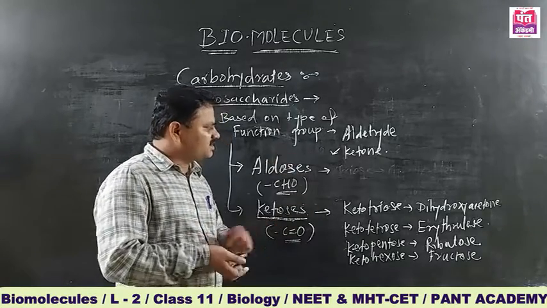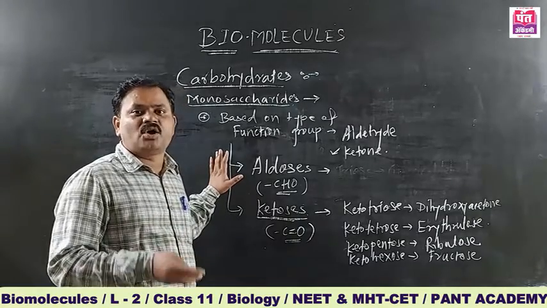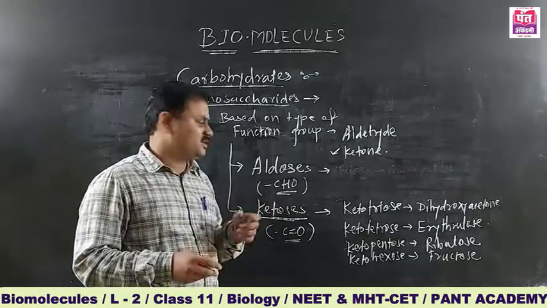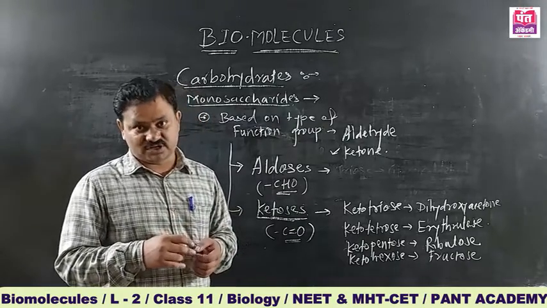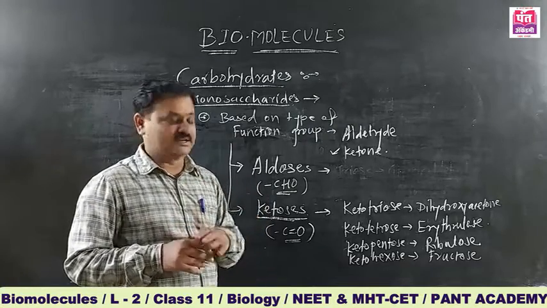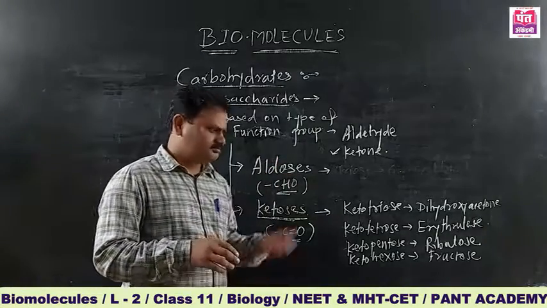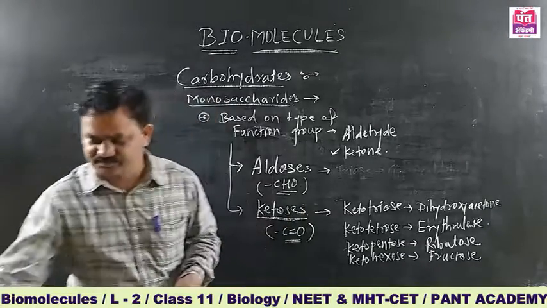These are the different monosugars or monosaccharides, which contain an aldehyde or ketone as a functional group, and based on that they have different functions, and therefore we have to think about the different aldoses and ketoses.